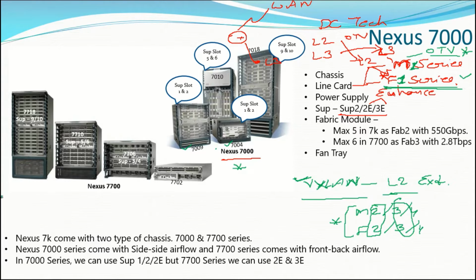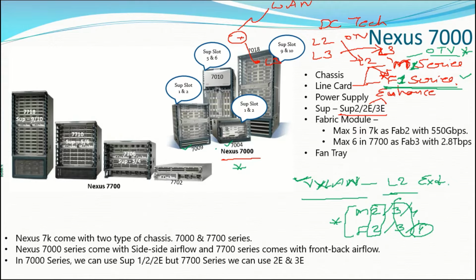We have various generations. In one generation, if we were going to use one M series line card and an F series line card, then in one chassis we could not use these two line cards together. So we had all these limitations, and they closed those limitations and brought the new generation, removing all of them.